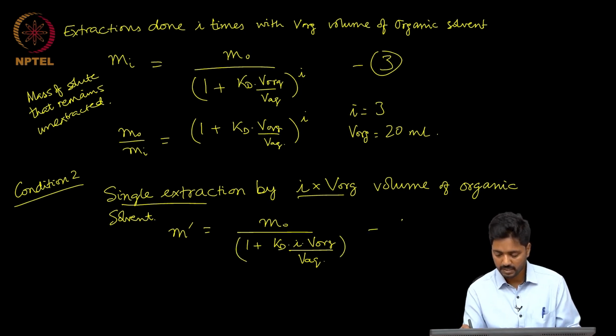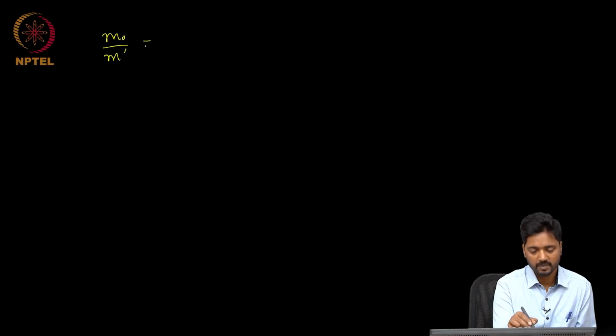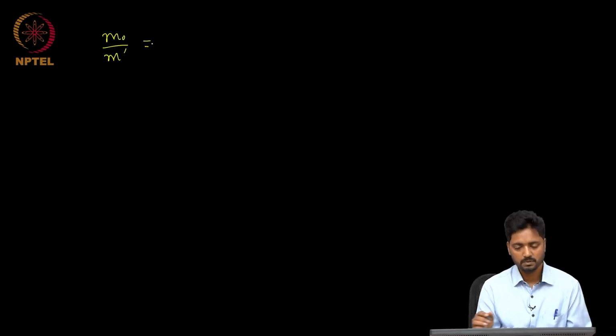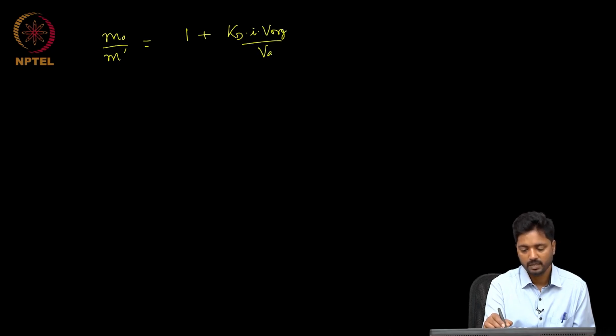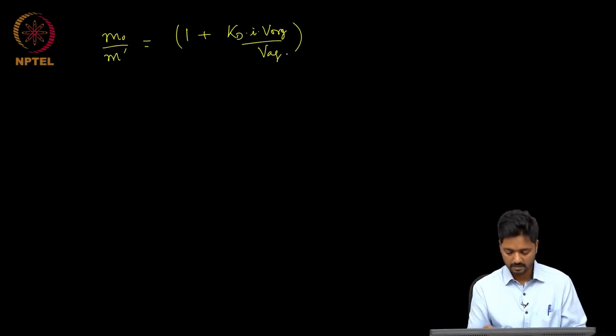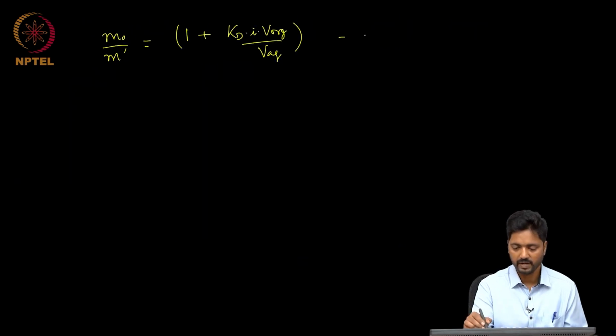Now, this equation 4 can be written as m naught by m dash is equal to 1 plus k d into I into V org by V aqueous, and this we will consider as equation 5.